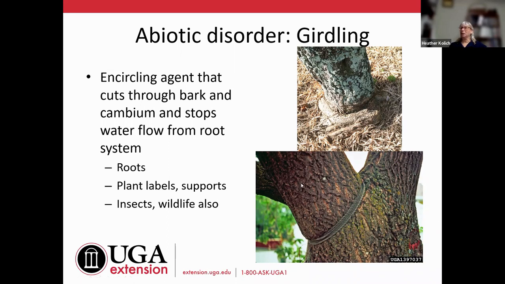Other things that can cause that: plant labels. If you plant something and leave the tag on it that identifies it, eventually the branch that it's on is going to grow bigger than the girth of the tag. Insects and wildlife can also cause girdling.